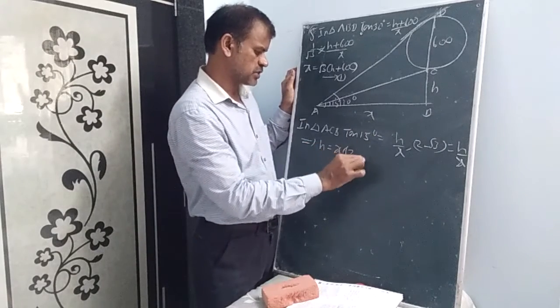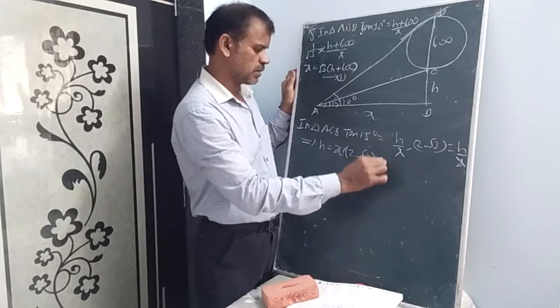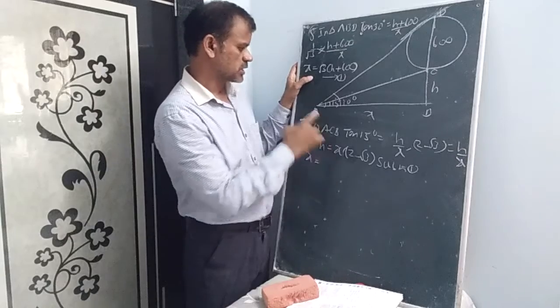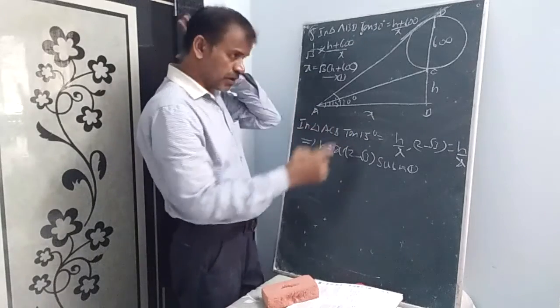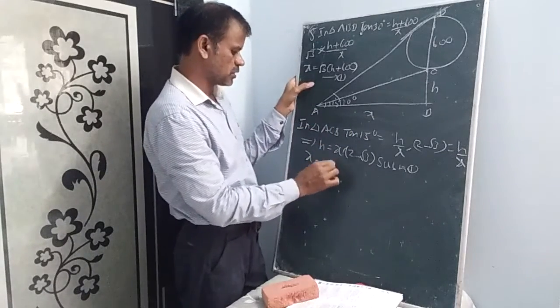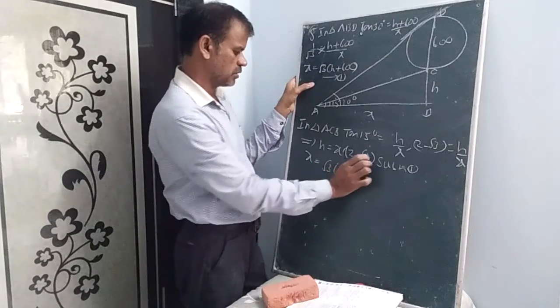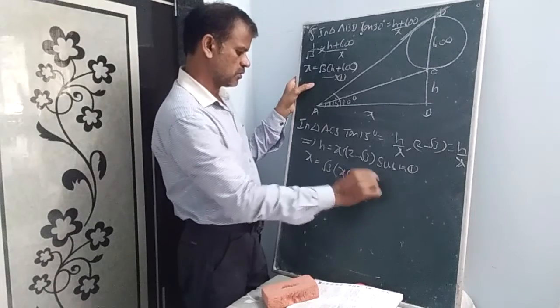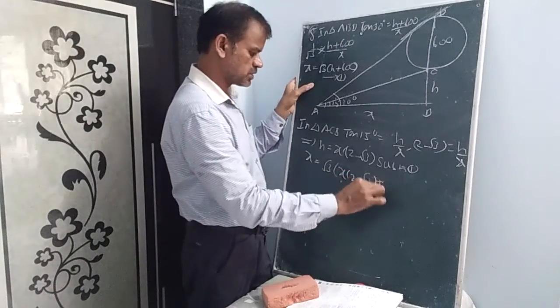Substitute in the first equation, because we need to calculate X, the distance AB. X is equal to root 3 into H plus 600, meaning root 3 into X into 2 minus root 3, plus 600.